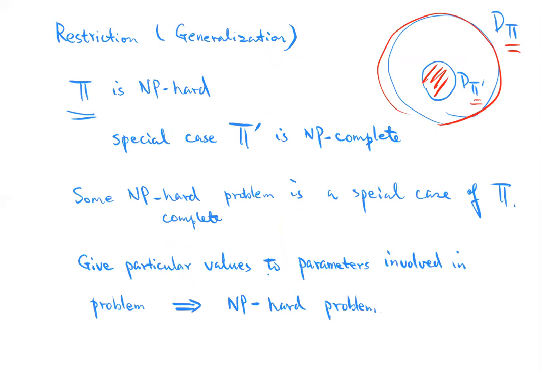Here it shows it's NP-hard, not NP-complete. In order to say it's NP-complete, we need to add that it's also in NP. But this is not implied by the property of its special cases. That's something different. But normally we concentrate on the hardness.